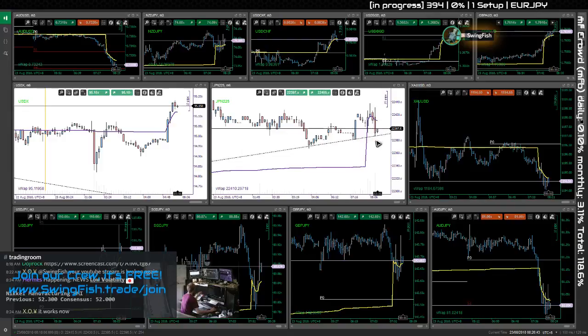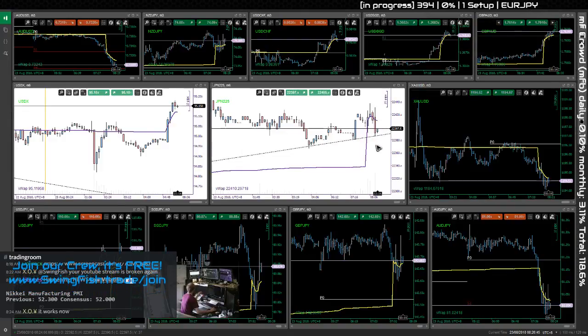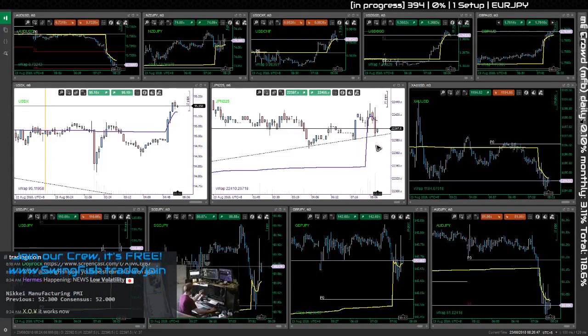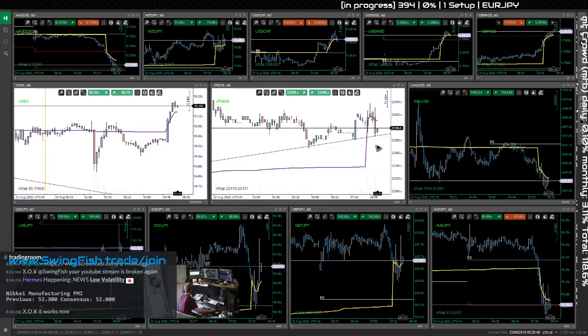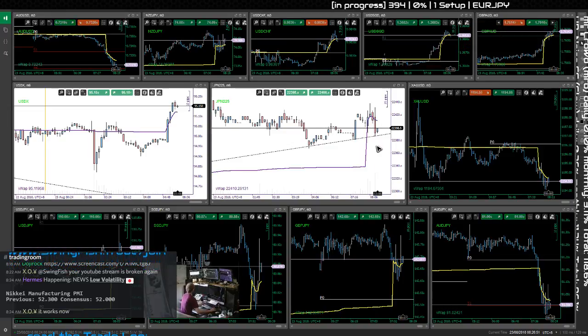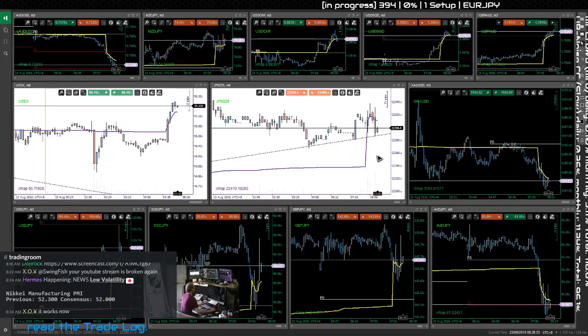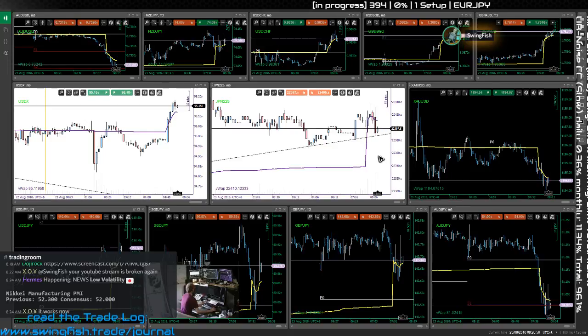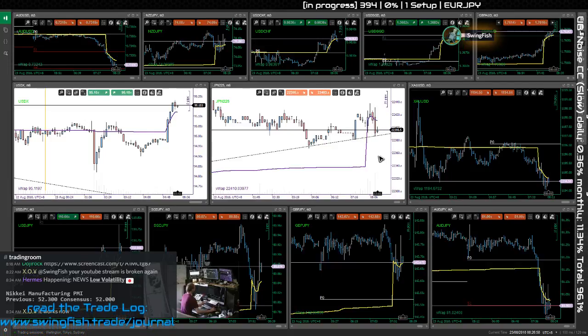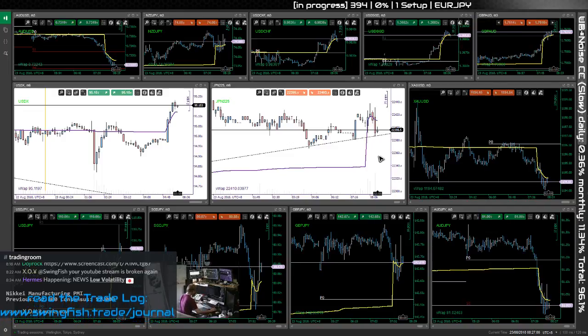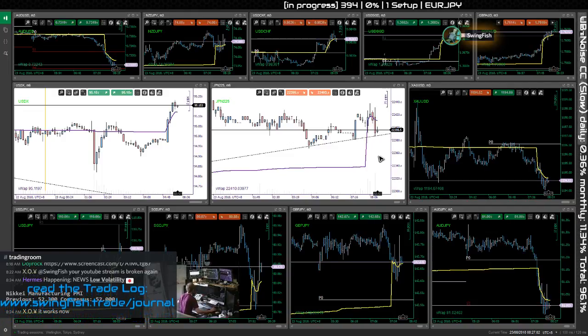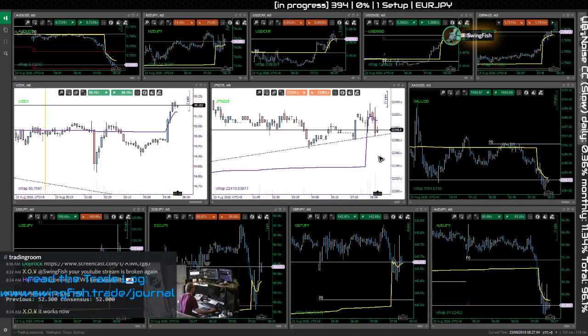Nikkei at the support. Yep. But no balls, I didn't buy it, because the futures look strange, to be honest.